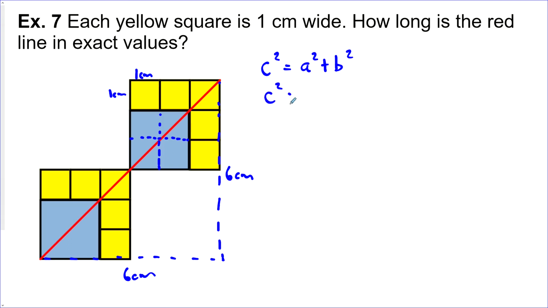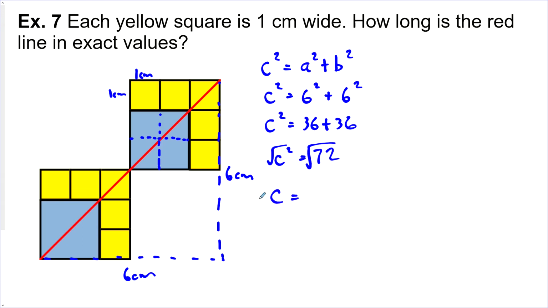In this case, a squared is 6 squared and b squared is also 6 squared. So c squared is 36 plus 36, or 72. We'll take the square root of both sides here, and we get c equals. Now normally we get plus or minus because we took the square root of a variable squared, but we don't want the minus. We don't want any negative linear measurements here.